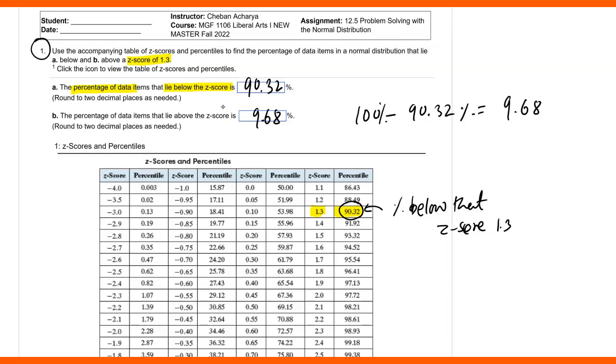That's all you do. Remember that for below, the percentile here is the percentage below the given z-score. For above, you subtract from 100 to get the percentage of data items above that given z-score.